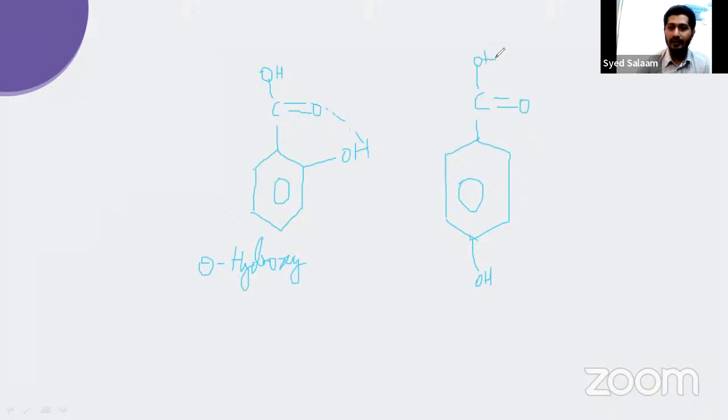And even if you have meta-hydroxy, this is para-hydroxy. This won't be effective because this much distance, it cannot travel for hydrogen bonding. But here, this is effective. This is our salicylic acid. So salicylic acid is ortho-hydroxybenzoic acid.